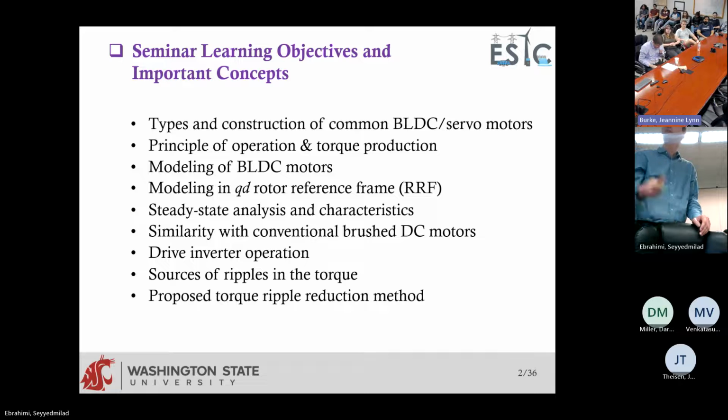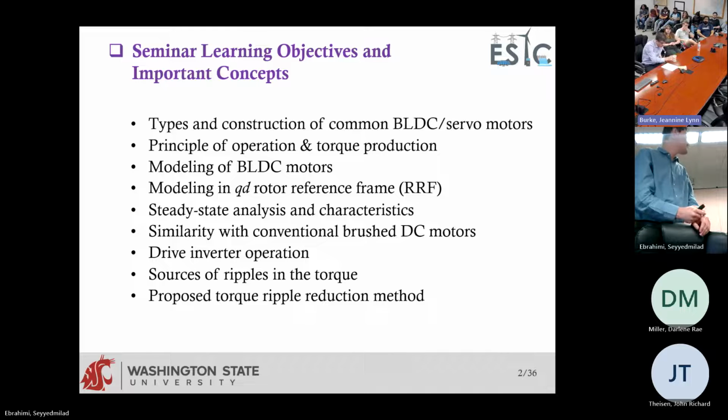So what we expect you to get from this seminar today is to learn a little bit more about the types and construction of common brushless DC or BLDC motors, and how they operate and how we model BLDC motors. Specifically, we use rotating reference frames to model BLDC motors.